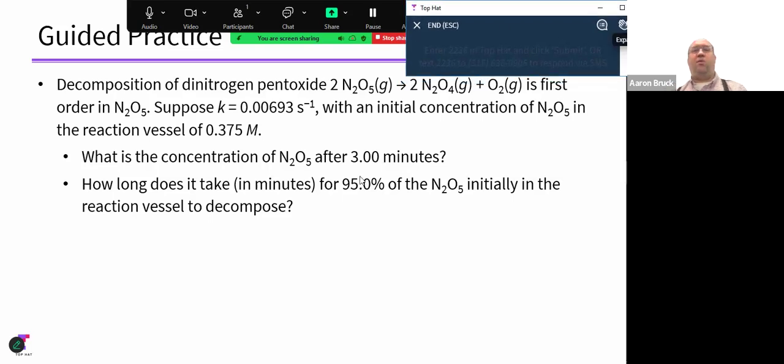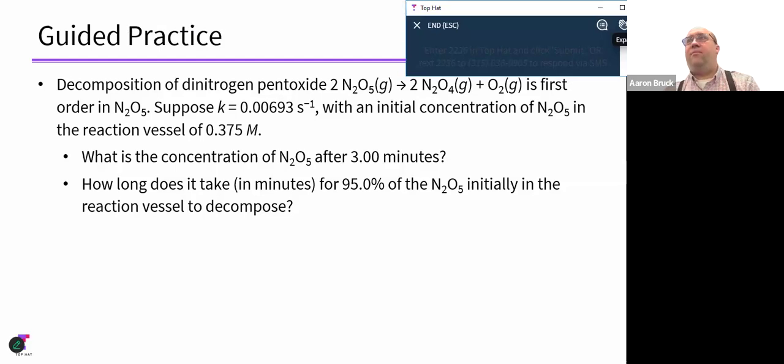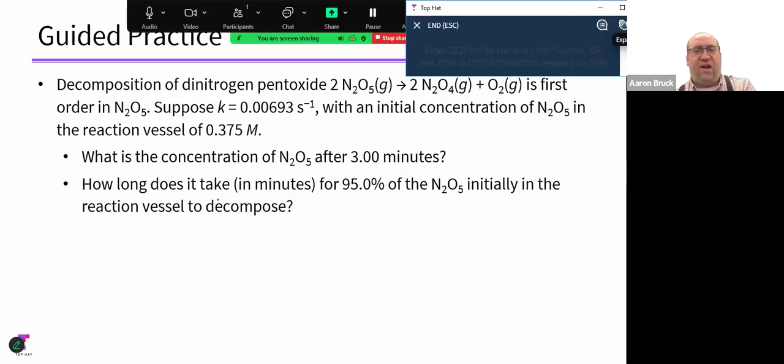We are told that it is first order in dinitrogen pentoxide, and that its rate constant is 0.00693, which, oddly enough, sounds familiar because it's the exact same reaction that we studied when we did the graphing. Initial concentration is 0.375. Question is this: what is the concentration after 3 minutes? Second question: how long does it take in minutes for 95% of it to decompose?